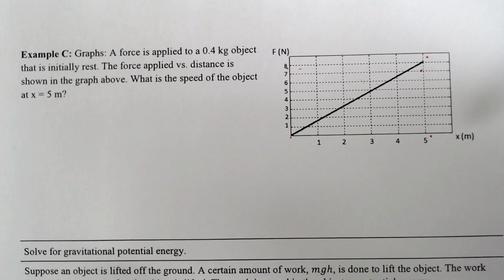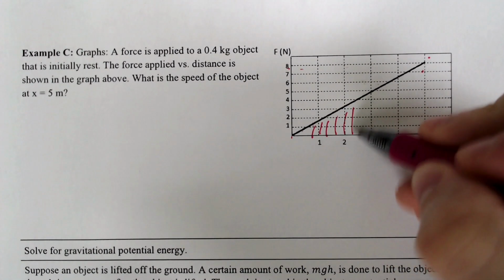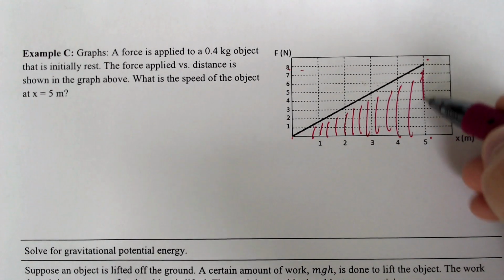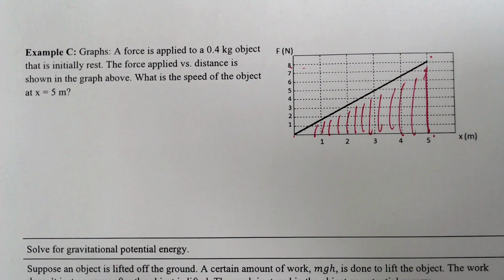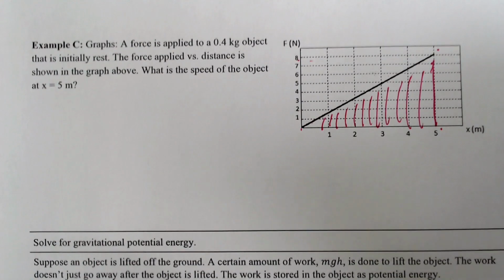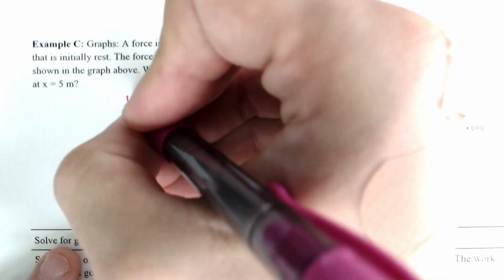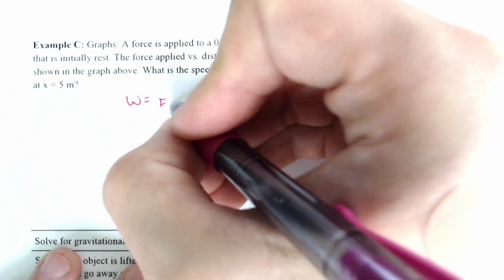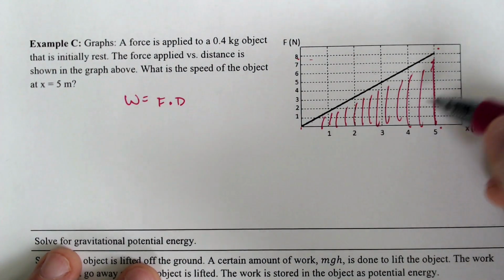So in order to find the total work done, you have to find the area underneath the line or the curve. Okay, so for those of you in calculus, you would be taking the integral. But for those of you that have not taken calculus, you can find that your overall work is force times distance. But in this case, we would have to just find the area of the triangle.